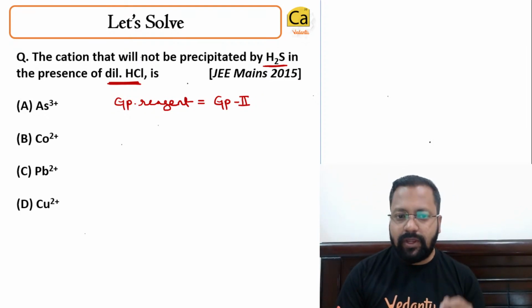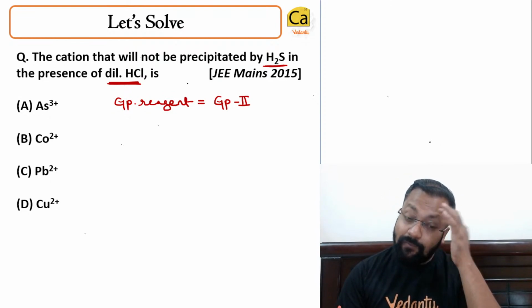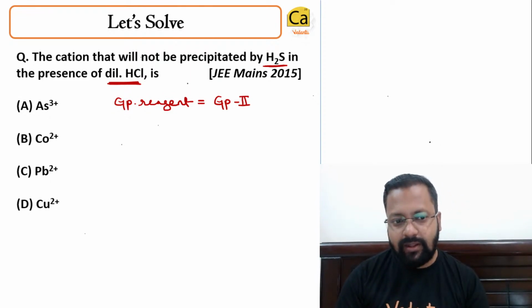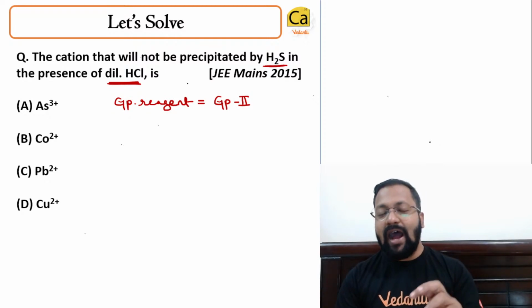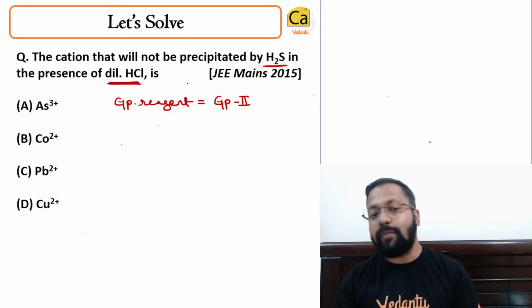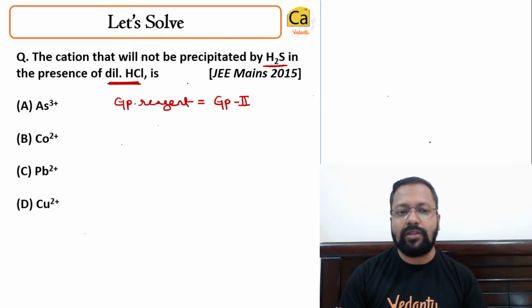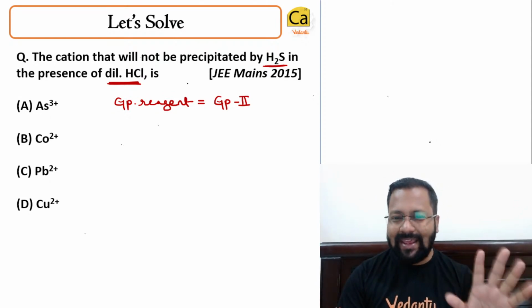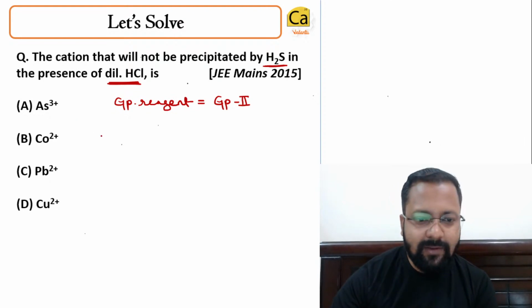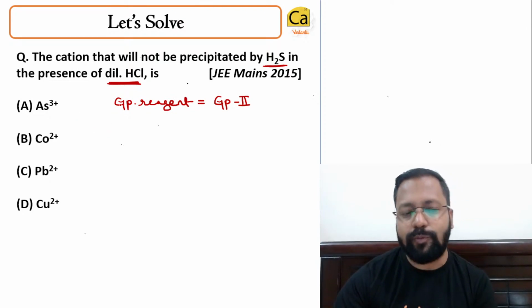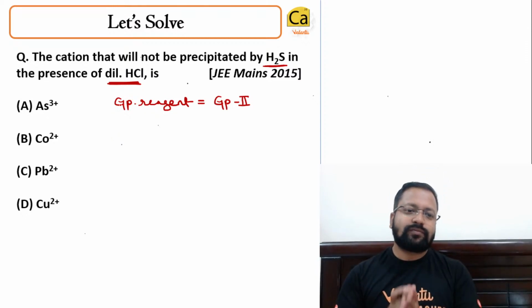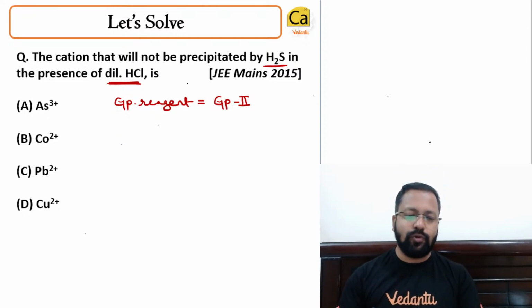If it is a group reagent of group 2, we have to tell which ion will not be precipitated. So, which ion is not present in group 2 will not be precipitated by these two reagents. Which is not present in group 2 between A, B, C and D?